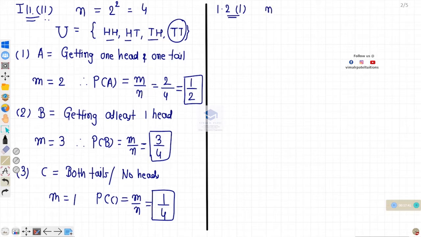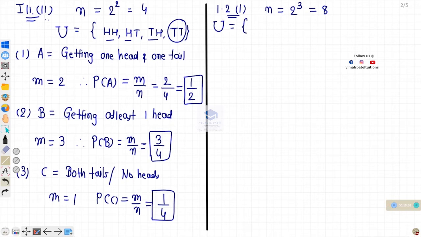So here your n will be, in the head tail sums, first of all you must define your universe, the sample space.